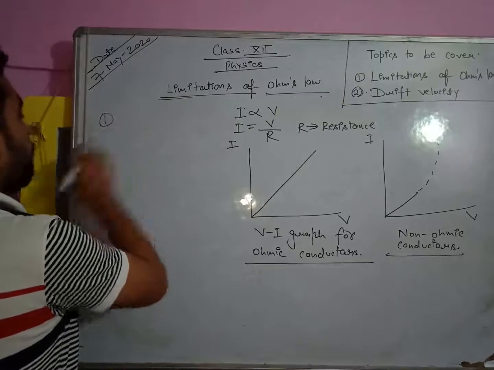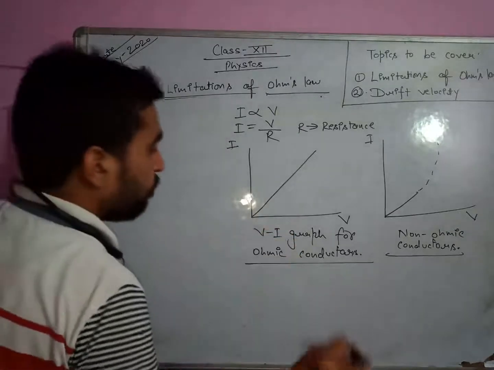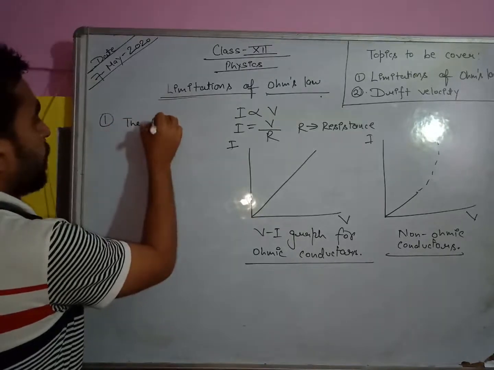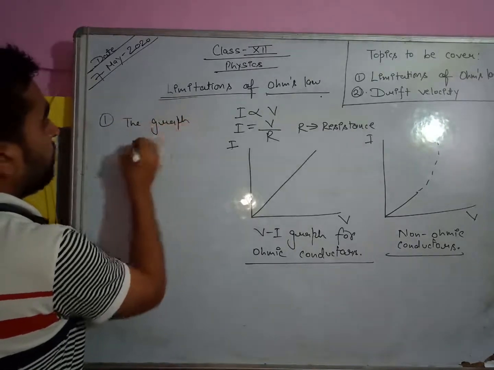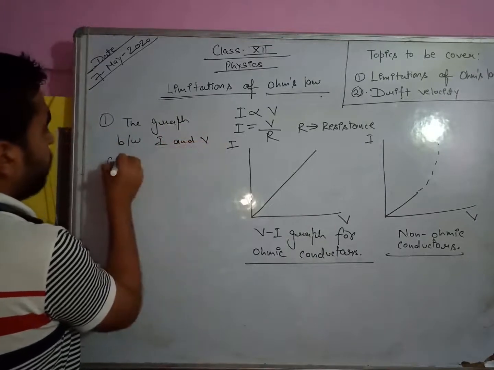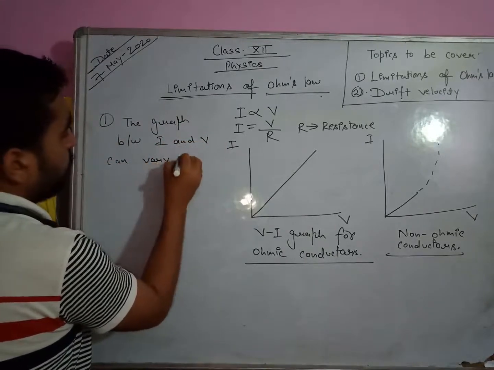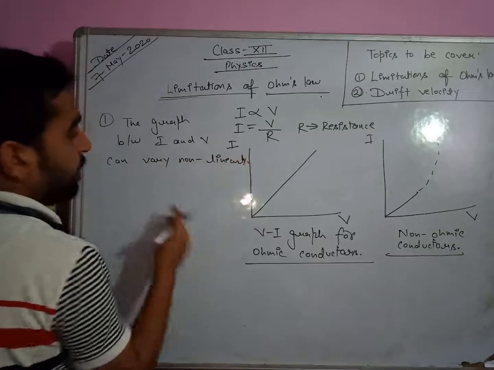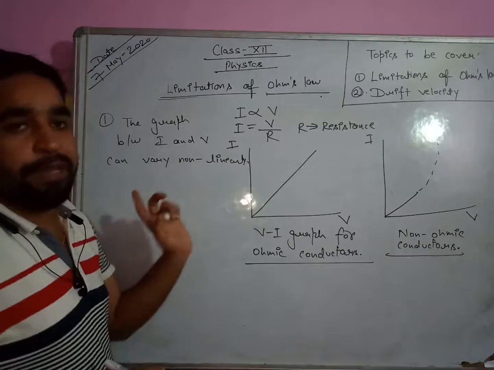The very first point in the limitation of Ohm's law is that the graph between I and V can vary non-linearly. That's the first point. It is not necessary that the graph will remain a straight line.